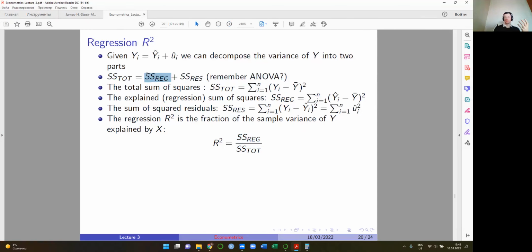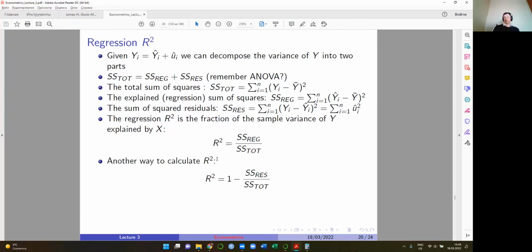We compare this part with this part. So in this case, we move away from ANOVA. Still, ANOVA will appear once, but not in this part.